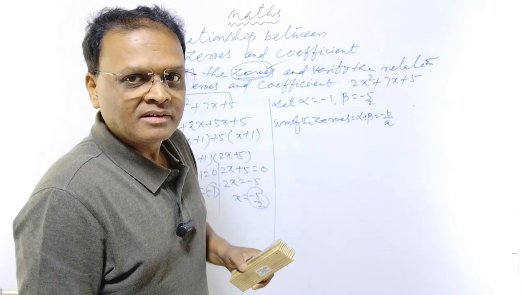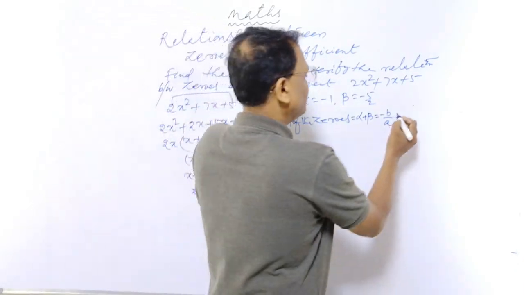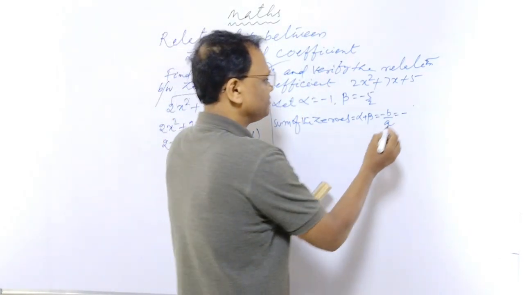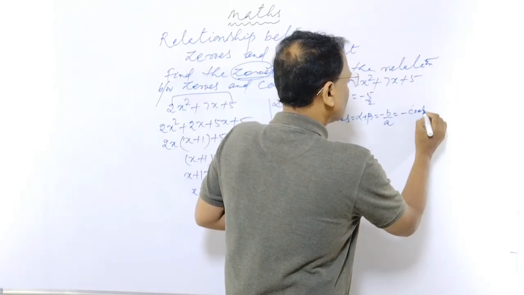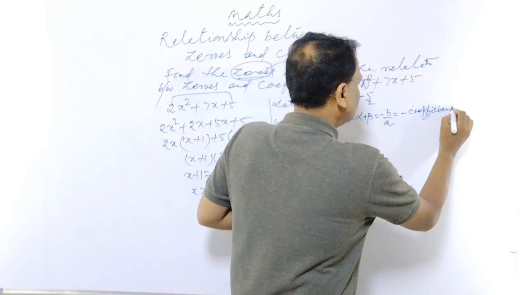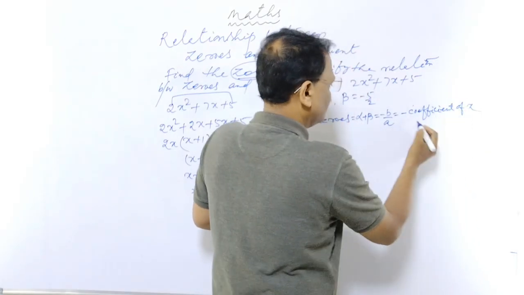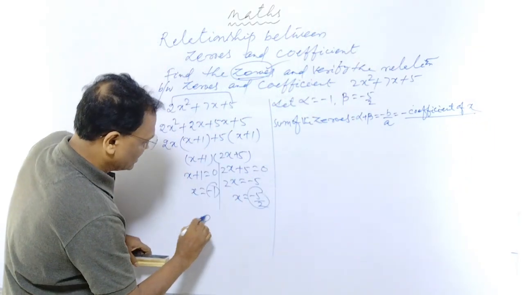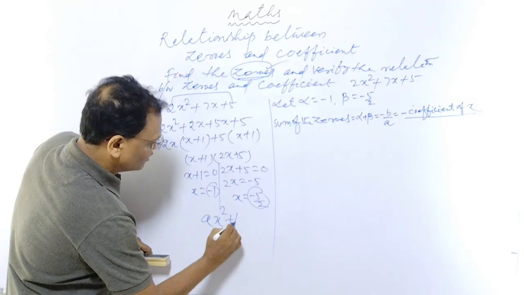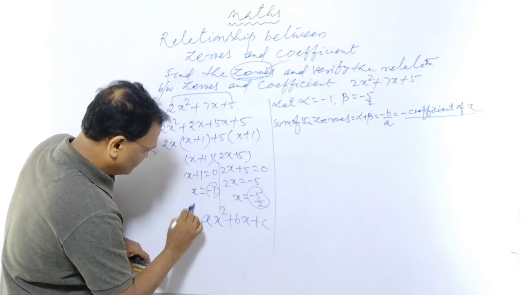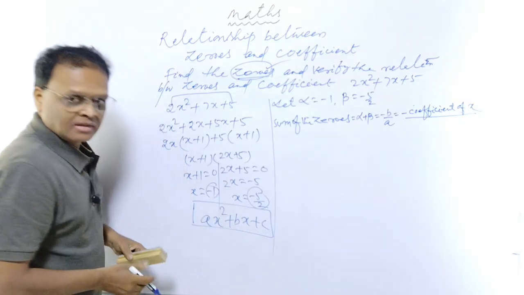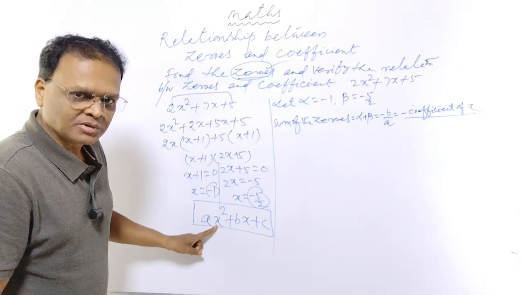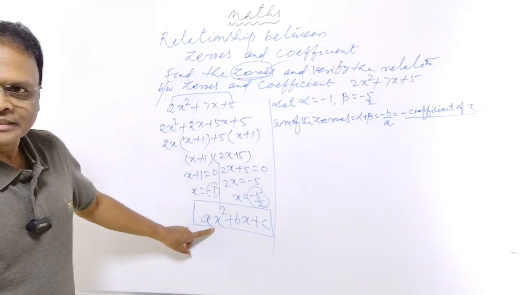So what is your b? Let me repeat. What is b? b is nothing but coefficient of x, divided by a. What is your a? From here you can check. You can tell me what is your a, what is your b, and what is your c. My a is the coefficient of x square.